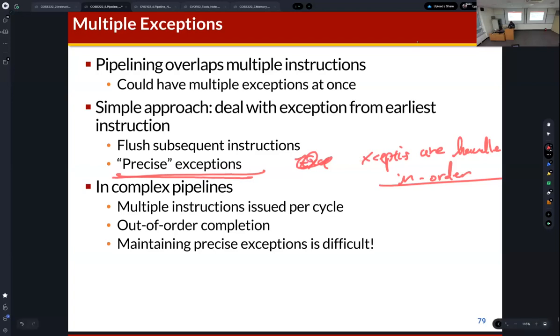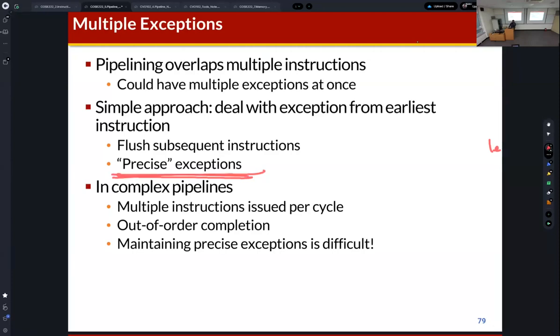Then you may think, what is the other case? So I mentioned precise exceptions, which means that exceptions are handled in the order of instruction.